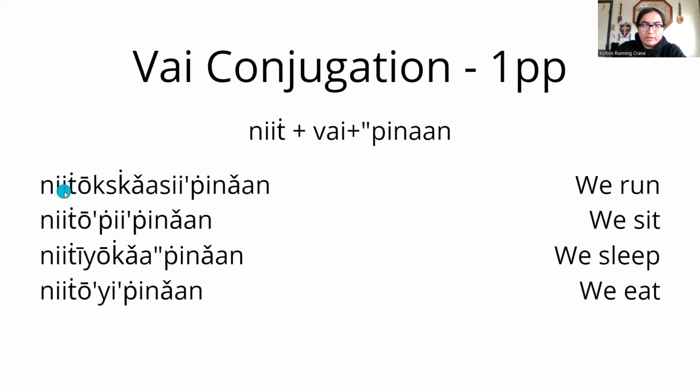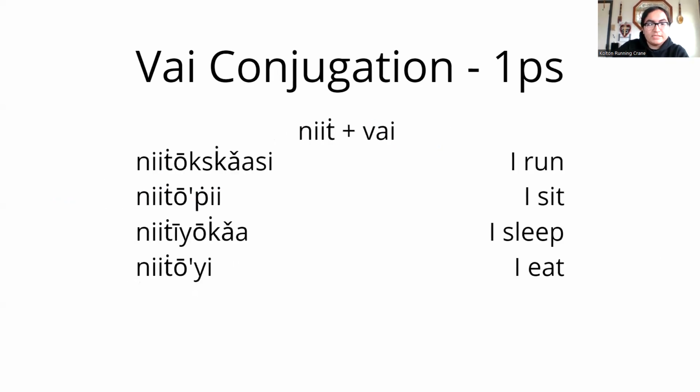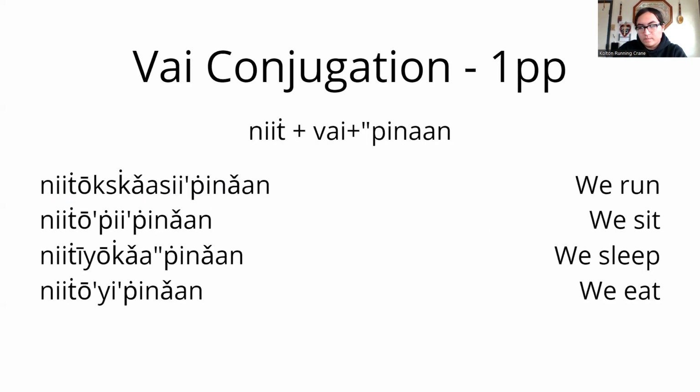To say we run, you'd say nitokskasishbenan. As you can see, it's the same beginning, nitokskasi, and then you just add ishbenan: we run. Then you have nitopishbenan, which is we sit.